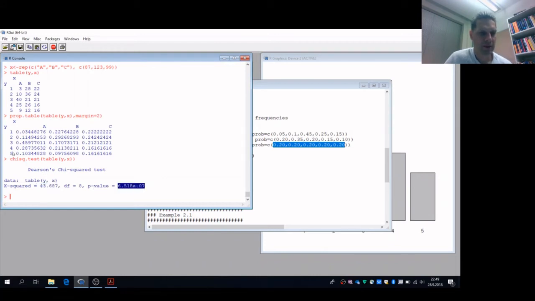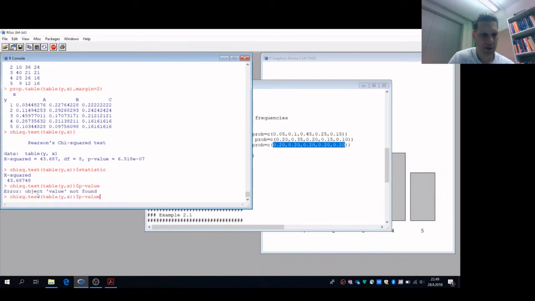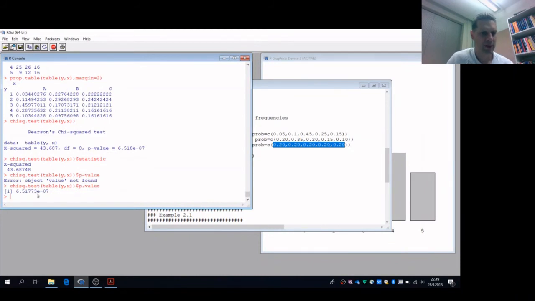If for some reason you need to get the test statistic, you could use this sort of command, and that's really returning your test statistic. The p-value can be gotten by this way.